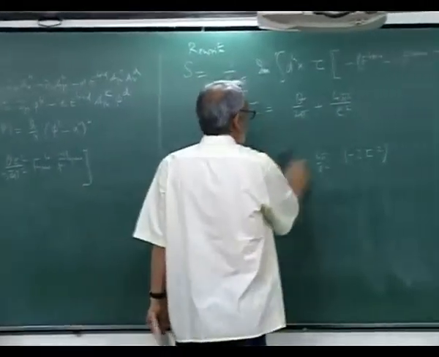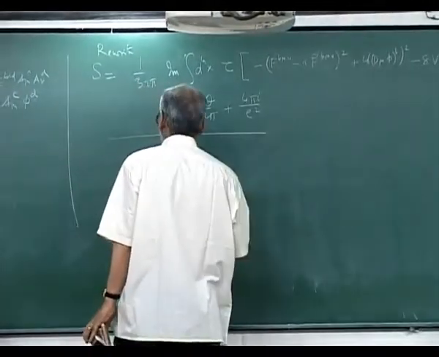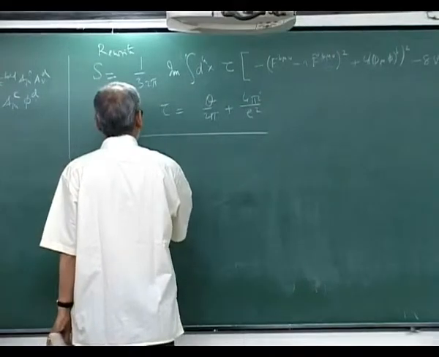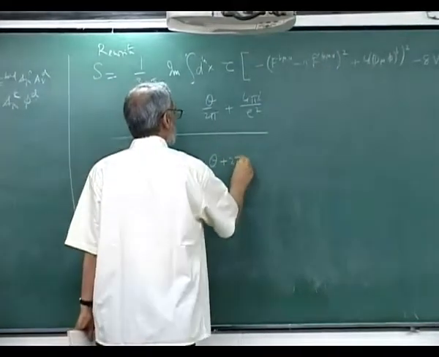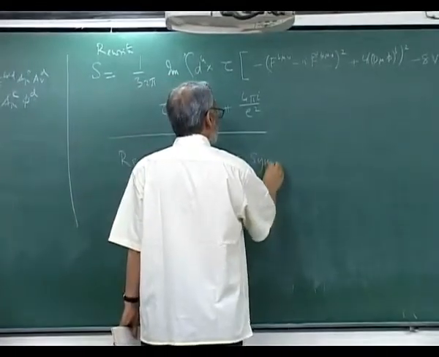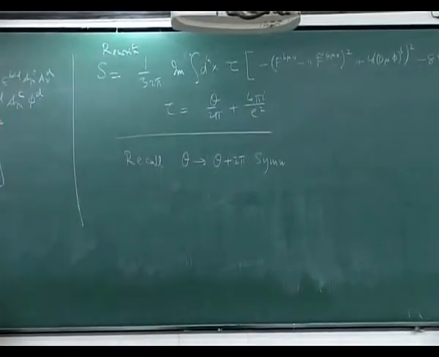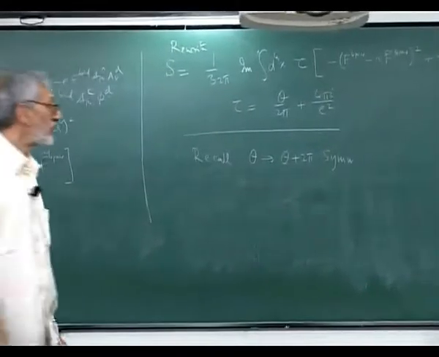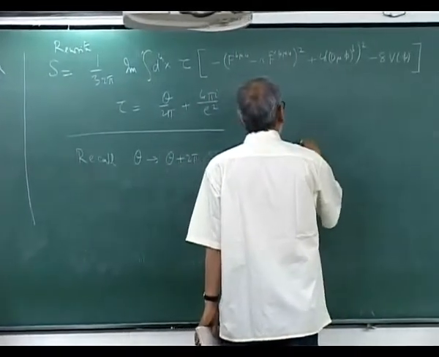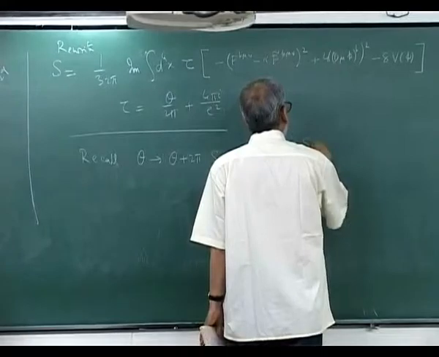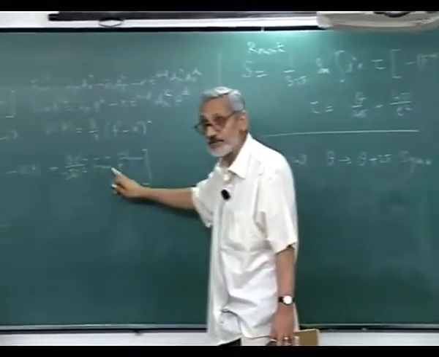Now this action has some interesting property. Recall theta going to theta plus 2 pi is a symmetry of the theory. We had argued it last time. Why is it a symmetry of the theory? Because what is relevant is i times S theta term, which is this.